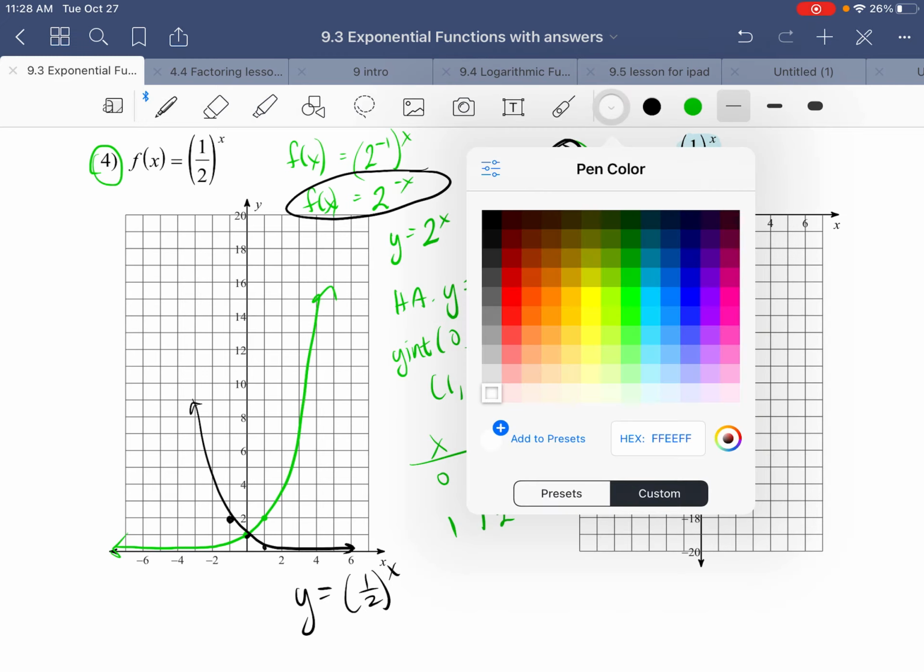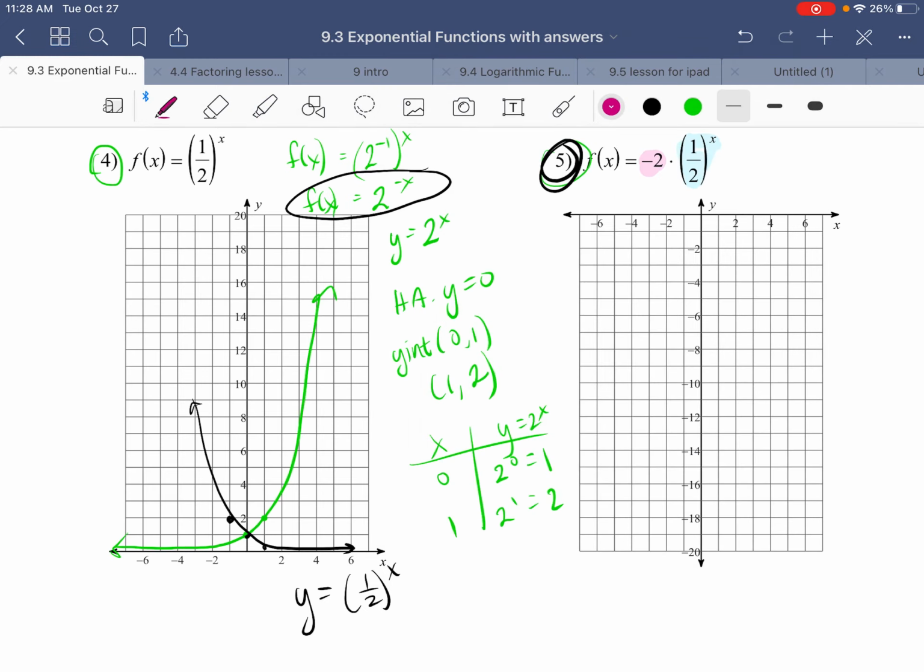The 2 is going to do a stretch, a vertical stretch by a factor of 2. And then the negative is a reflection in the x-axis.